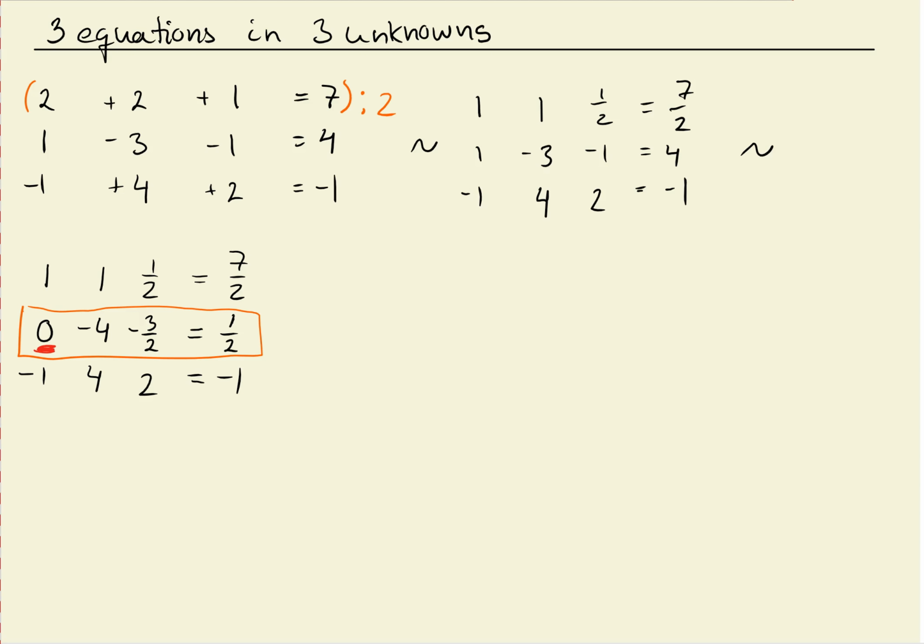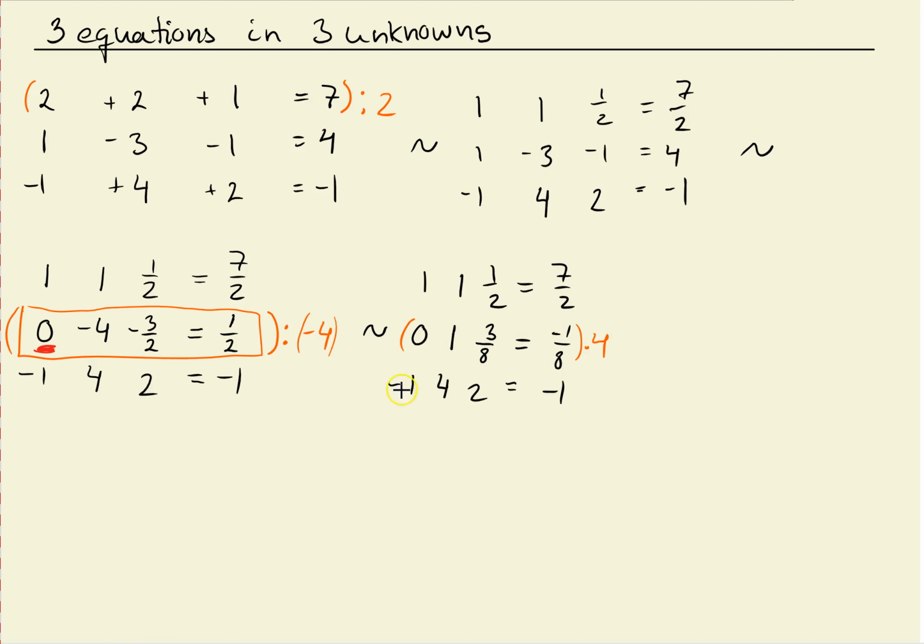So the next step is to provide a 1 here, and of course I'll do that by dividing this second row by -4, like that, and that gives me this system of equations in which there's a 1 here in the diagonal.